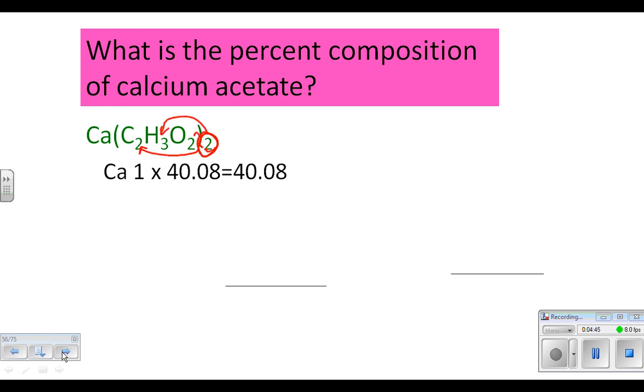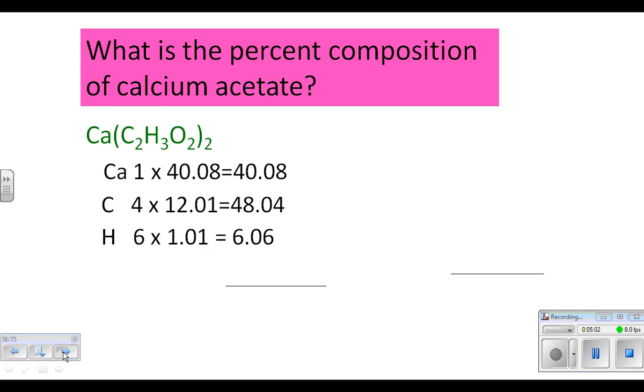All right. So if that's the case, that means I have 4 carbons, and carbon is 12.01 off the periodic table. So I would do 4 times 12.01, which would give me 48.04 grams. Then I would do 2 times 3, which would give me 6, times 1.01 would equal 6.06 grams.